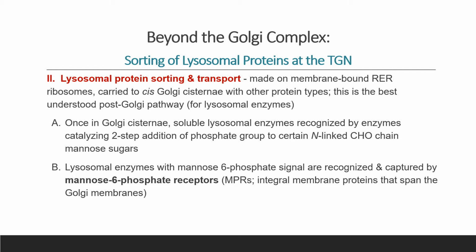So once in Golgi cisternae, soluble lysosomal enzymes are recognized by enzymes catalyzing the two-step addition of a phosphate group to certain N-linked protein chain monosugars. And then lysosomal enzymes with mannose-6-phosphate signals are recognized and captured by the mannose-6-phosphate receptors, or MPRs, which are integral membrane proteins that span the Golgi membranes.